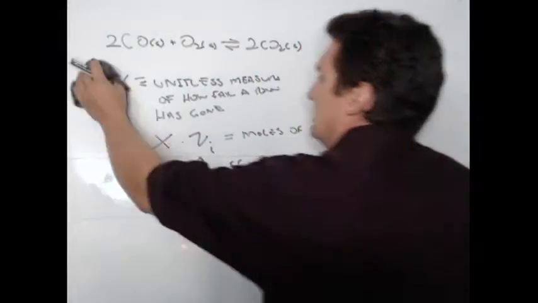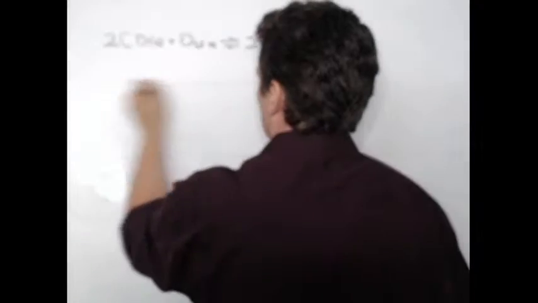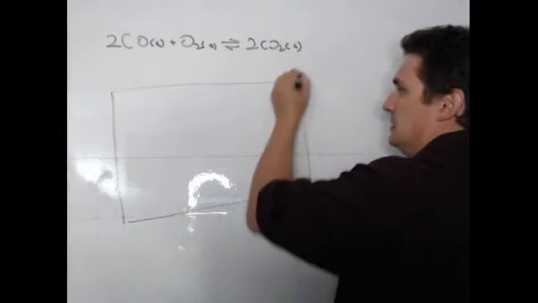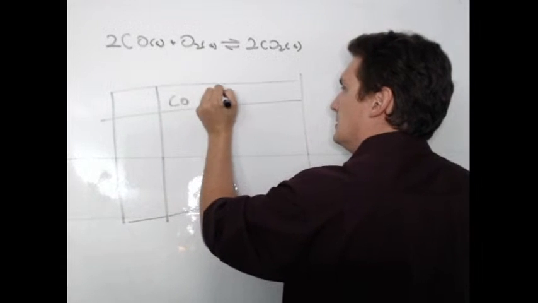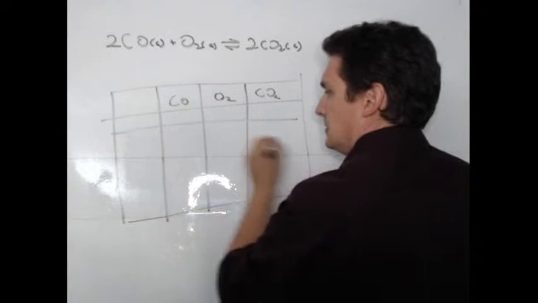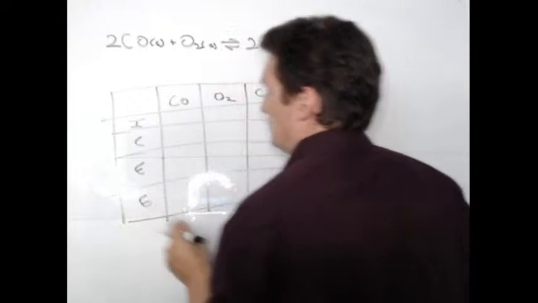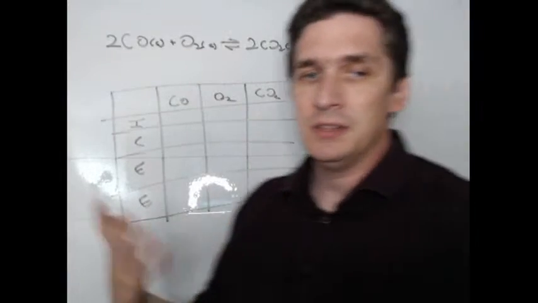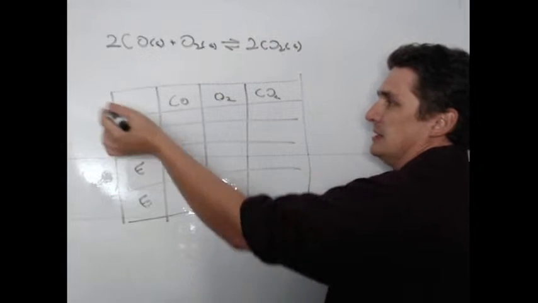So for the ICE table, this is why we would prefer to work with it. Even if we're working in molarity, they're all in the same volume, so we can get away with using that trick as well. But let's say we had some starting amount.